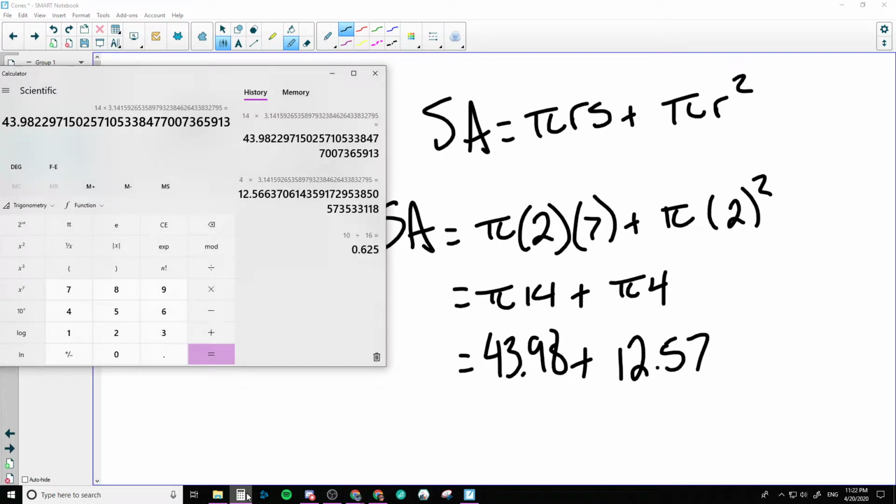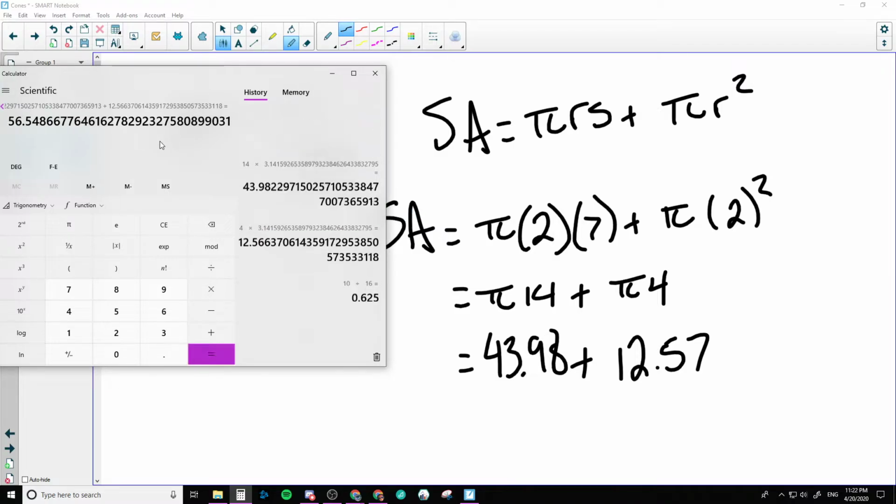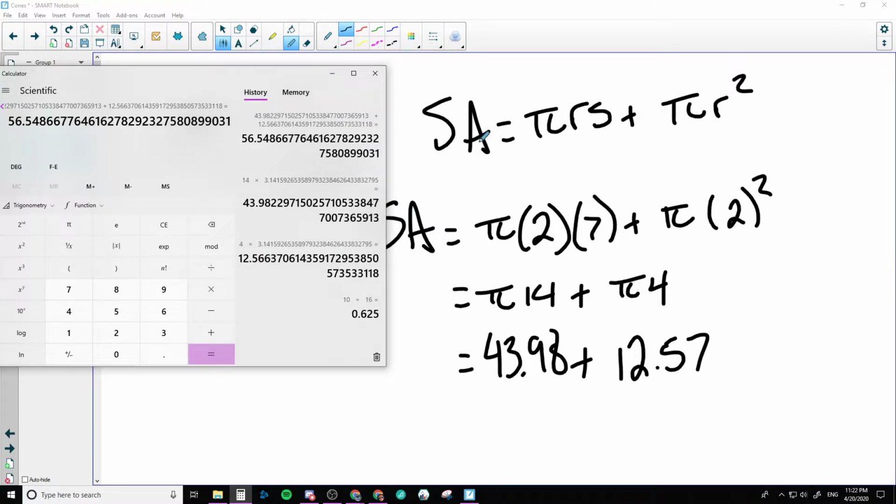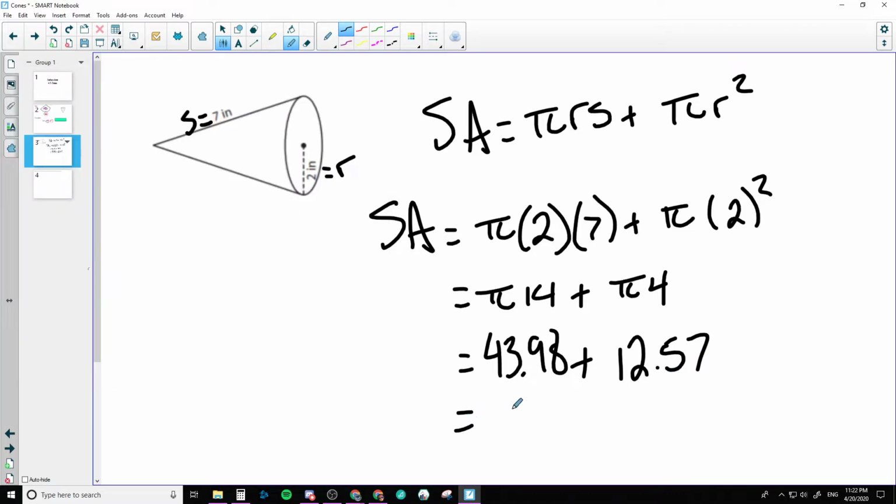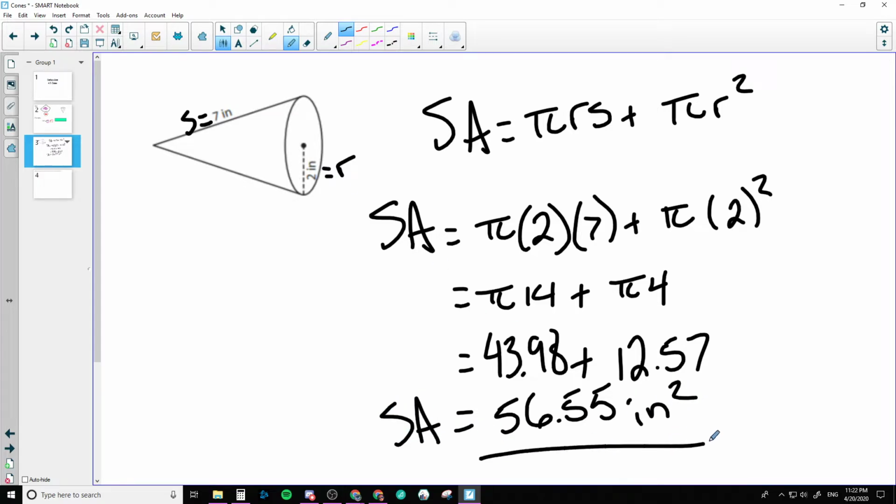So we need to add those together. And we get 56.55. And what are our units here? Well, this is in inches, so it's in inches squared. So the surface area of this cone is 56.55 inches squared.